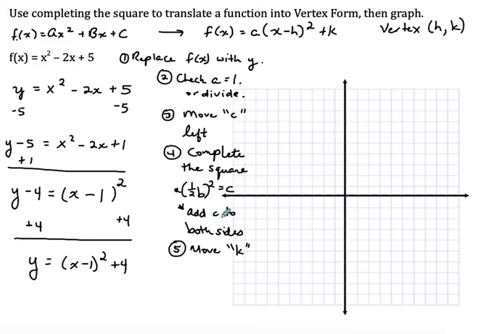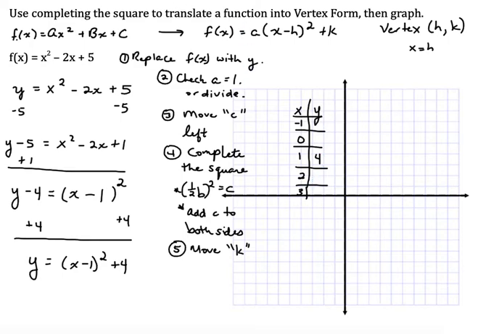The advantage of that is I can make my table of values and graph it because I know that the vertex is (1, 4). So I can find some values around that. I can also remember that the axis of symmetry here is x equal to h, so whatever these values are will be mirrored on the other side.